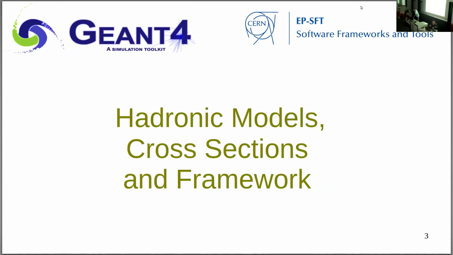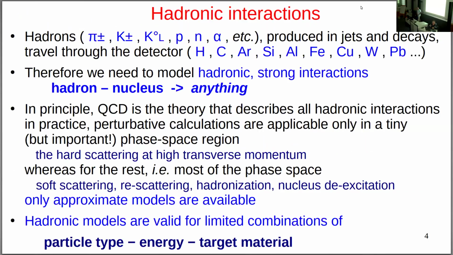not only hadronics. Okay, so first of all, hadronic physics stands for hadrons. So hadrons are particles like pions, protons, neutrons. There are 100 different hadrons. And basically, they are all made of quarks, and they all go through the strong interaction.